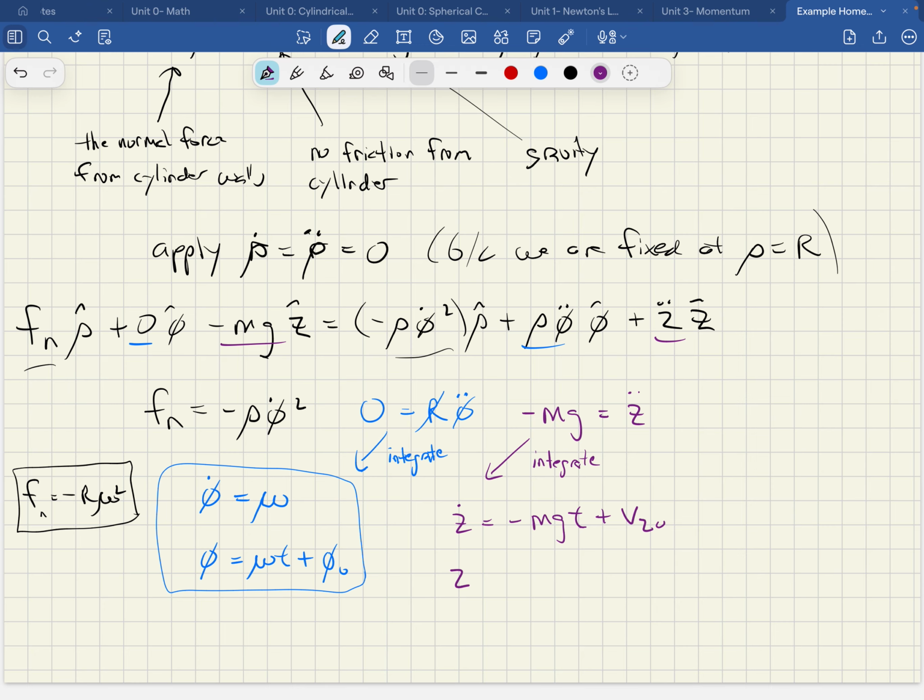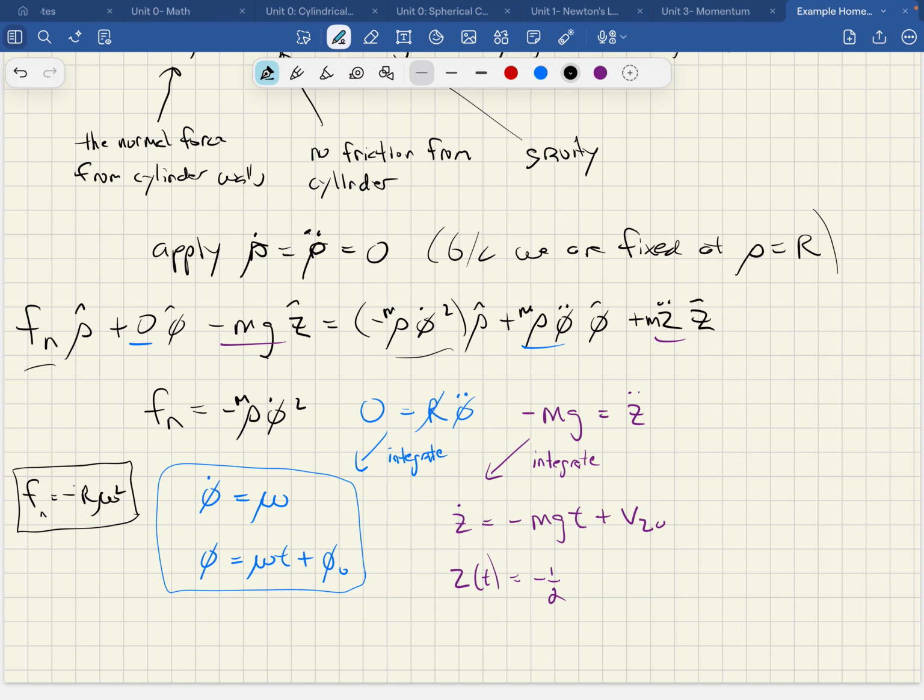So if I integrate again, z is going to equal minus 1/2. Sorry, I messed up a long time ago. This was m. No. Ha! There we go. Messed up lots. F equals ma. So this needs mass, and that needs mass.